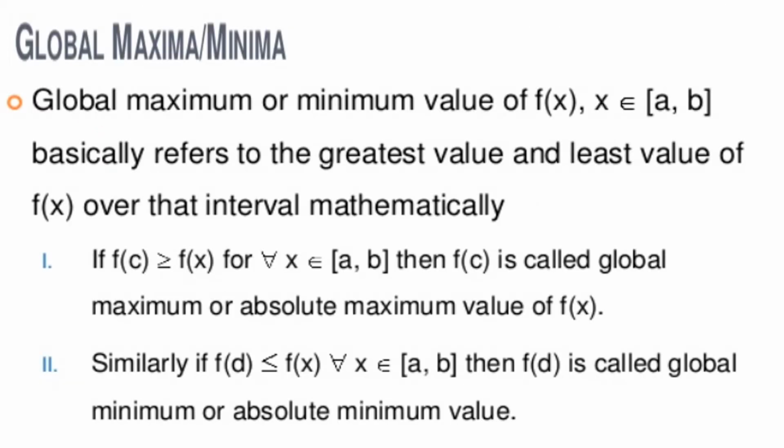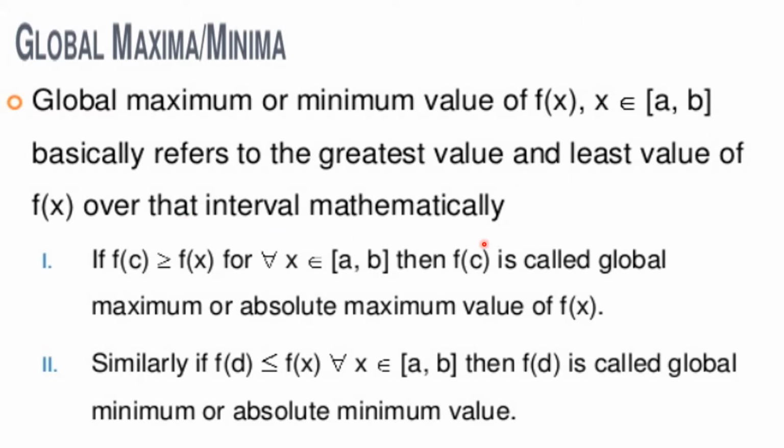Right. Now come to the next concept, that is global maximum or global minimum. What is said to be global maximum and what is said to be global minimum of a function? Global maximum or minimum value of f of x for all x belongs to the closed interval [a, b] basically refers to the greatest value and least value of f of x over that interval.